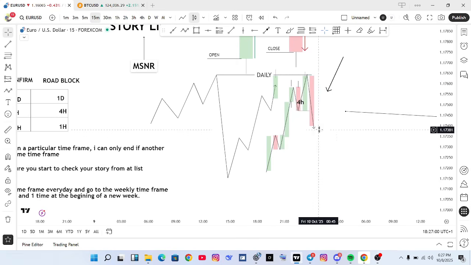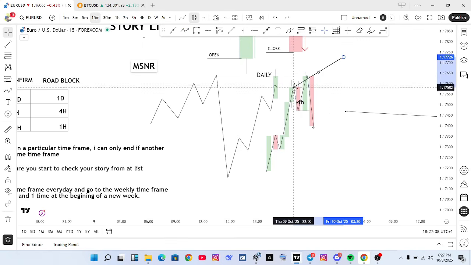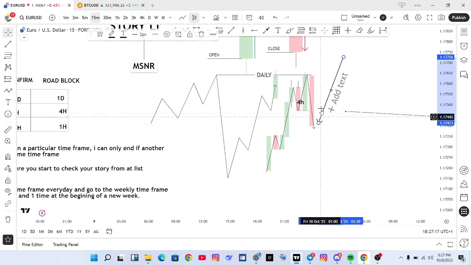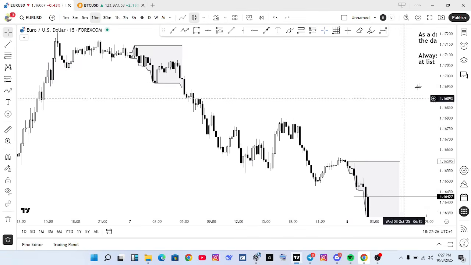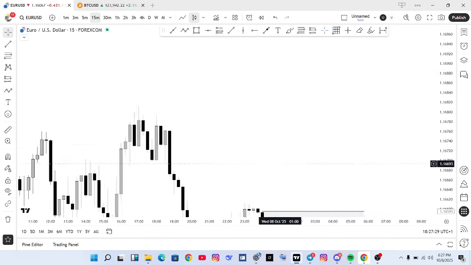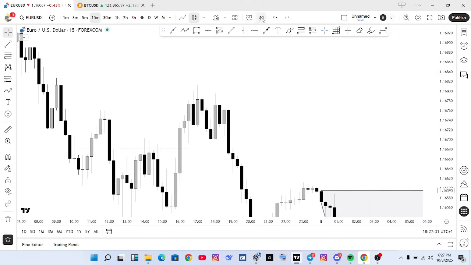That is your confirmation. So price came to this place like this, then it rejected before touching our key level. Once we have a break here, it's a confirmation that we now have a bearish storyline starting.